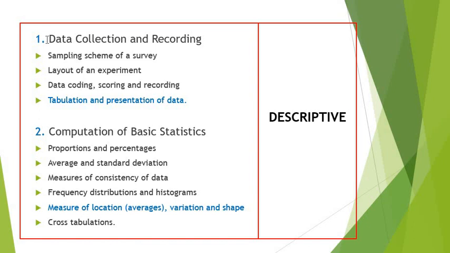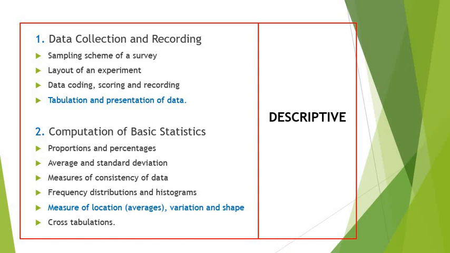Now, these levels 1 and 2 are descriptive in nature. So this has something to do with descriptive statistics. The collection of data and recording constitute the starting point of any data analysis.